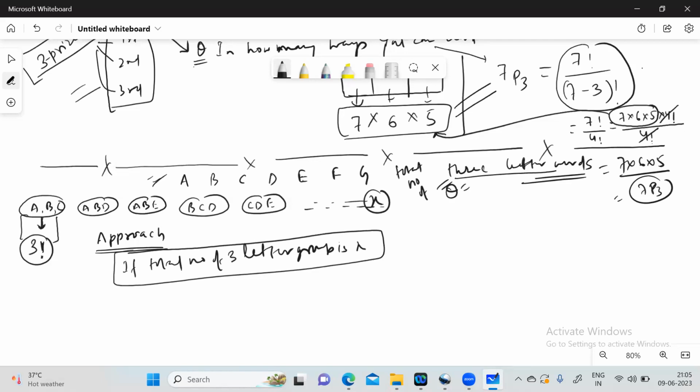You can easily say the answer would be X into 3 factorial. Is there any problem with this statement?